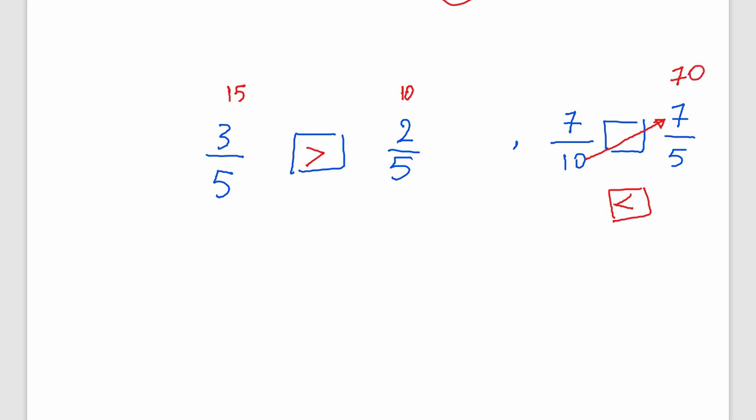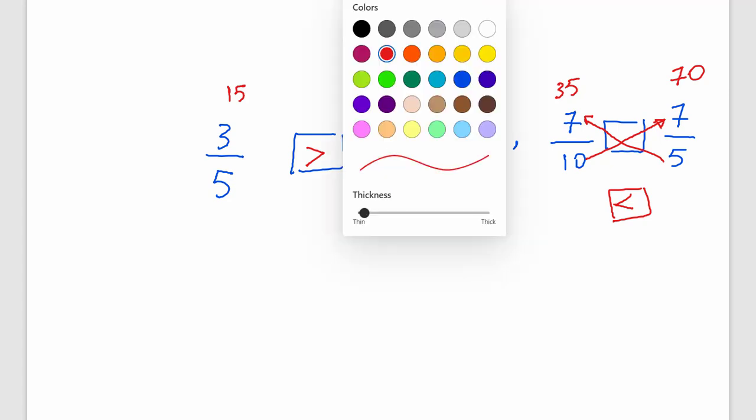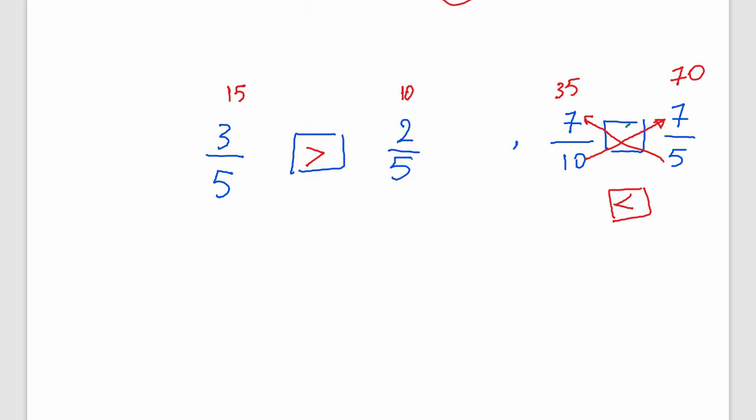And we should multiply 5 by 7. 5 by 7 equals 35. And which one is greater, the 35 or the 70? 70. Okay, so we should write the same sign, less than, right? Yes.